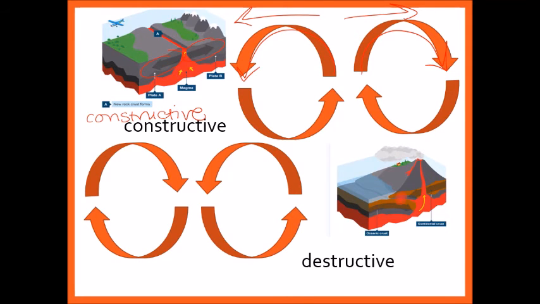At a destructive plate boundary, we have the plates pushing towards each other. So this one, you can see plates pushing towards each other. This is because our convection currents are pushing towards each other, and that pulls the plates above towards each other. So that creates our destructive plate boundary.